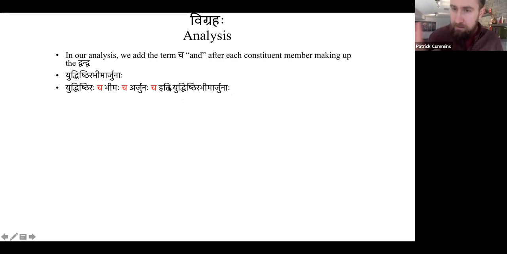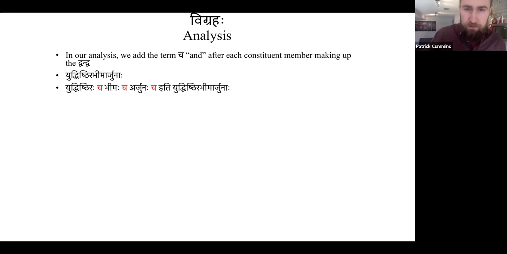But in the actual literature, more often than not, a literary commentator would not repeat it, and they probably wouldn't use this many ands. They might just use one, which would still signal how they're interpreting the compound. It's not to say this is heavy-handed, but the style of gloss we're doing has a pedagogical thrust to it.